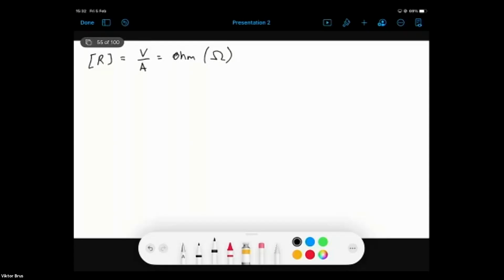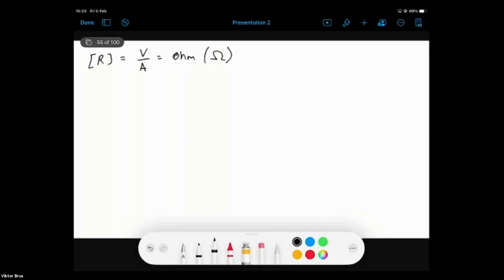They can be huge, tiny, and the most popular and commonly spread are so-called SMD resistors, which are really tiny and can be automatically placed on electric circuits. And we have plenty of those in our smartphones, computers, and any modern electronics.